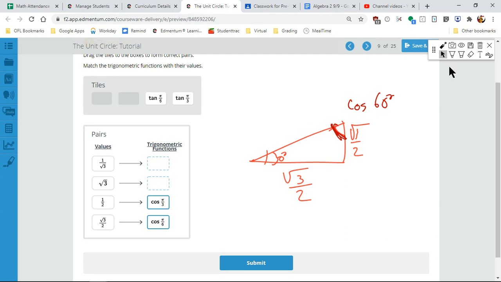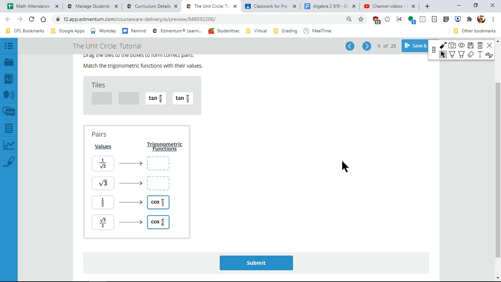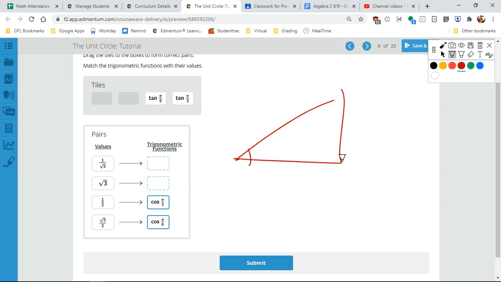Okay. So the next one, we're still talking about our 30, 60, 90 triangle. But how are we getting these? If our only options are square root of 3 over 2 and 1/2, we would have to combine these somehow, right? So remember, if we're talking about sine of 30, our opposite is our short side.